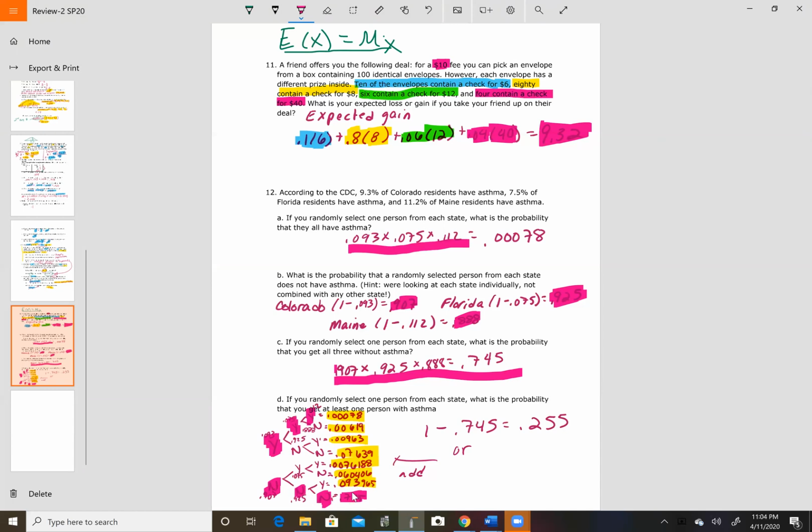And only the no, no, no is where nobody has asthma. So there's a probability that at least one person does. You can either add all of those yellow numbers up, or you could take what we got from C and subtract it from 1, and you get approximately 25.5%.